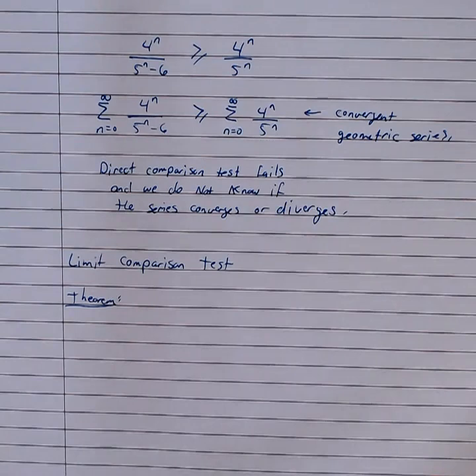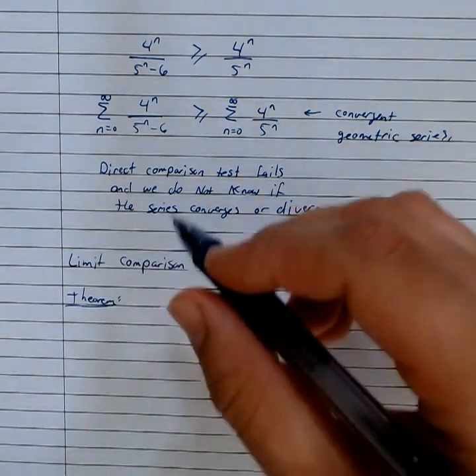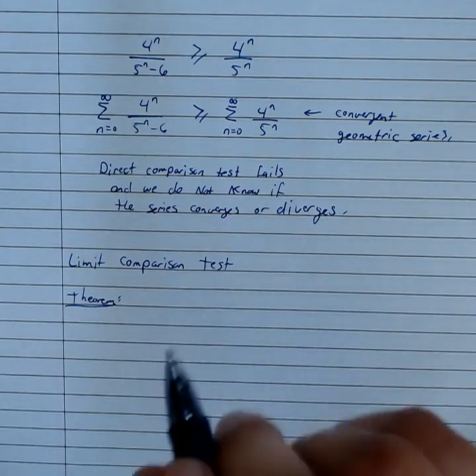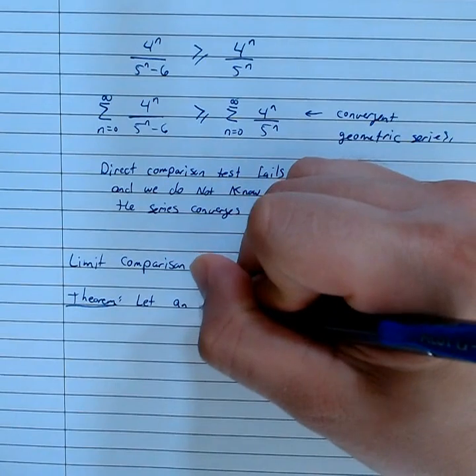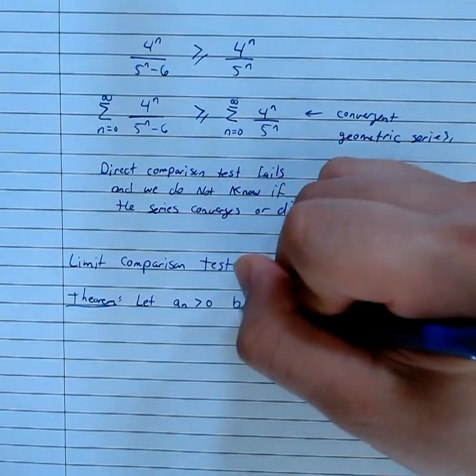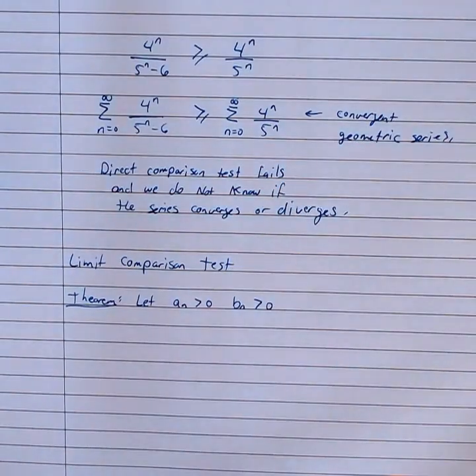This theorem is called the limit comparison test, and it states that if you have a series of terms, all of which are positive, so let's start with that. Let a sub n be positive, and let b sub n also be positive.